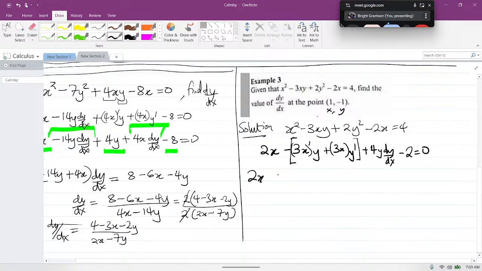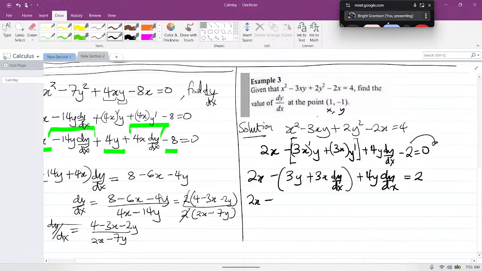Constant 0. Let me do this one. I'm in a hurry. 3y plus 3x divided, equals to. I'm moving the 2 to the other side. So 2x minus 3y minus 3x divided plus 4y divided dx. This and this are related, so you let them stand alone.